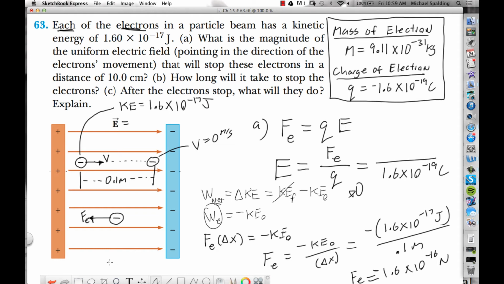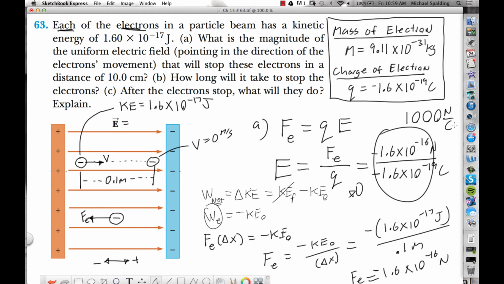Because look, to the right is plus, to the left is minus. Which way is the force of the electric field? To the left, so it makes sense that it comes out negative. Okay, and by the way, the charge is also negative. 1.6 times 10 to the negative 16 newtons. So this ratio right here comes out as 1,000 newtons per coulomb, which is the electric field.